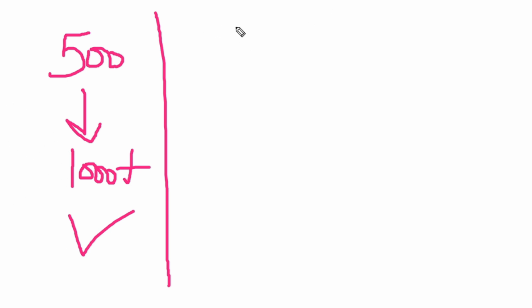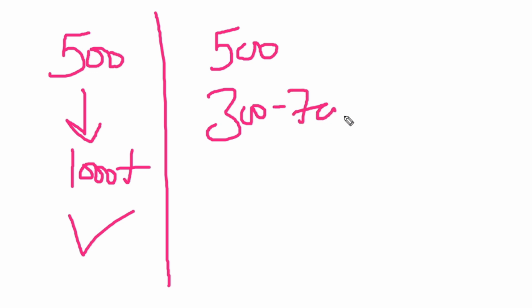Now, second, if you get a value of 500 on a reverse bias, and on a forward bias, when you turn your probes, you get 300 to 700, that means in this line you will find a short or leakage.